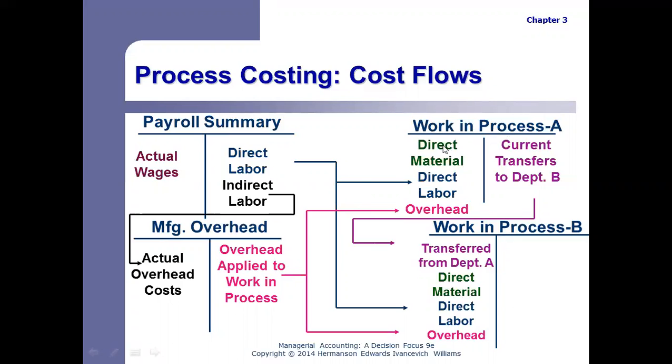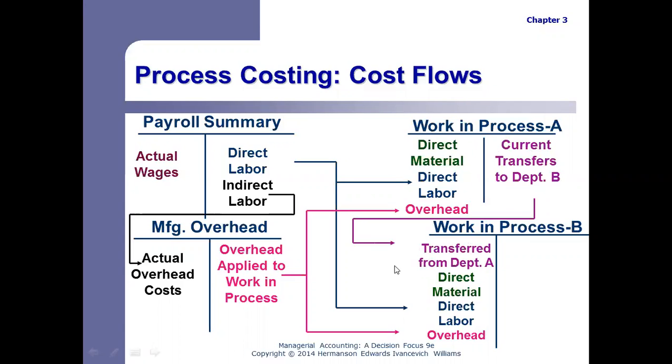So in this case, all of the costs go into this work in process A, Department A, and once Department A is finished with doing what they need to do, then the work in process gets transferred to Department B's work in process.